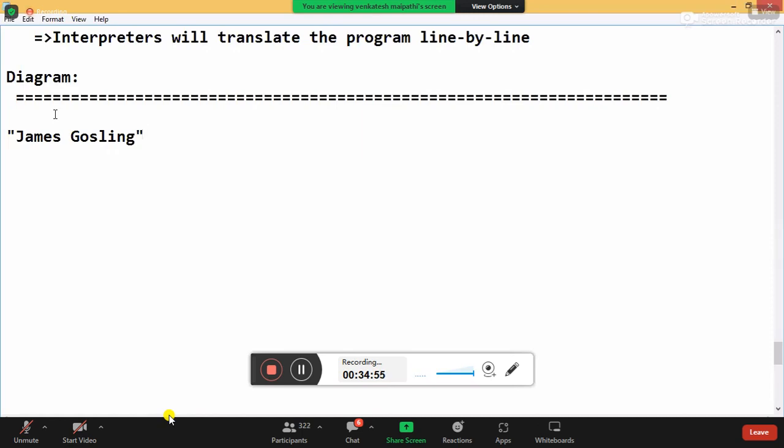So, James Gosling, one author, joined Sun Microsystems in 1991. On that day, Java was not available.